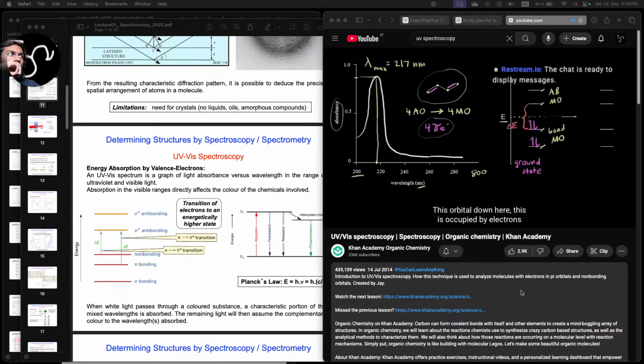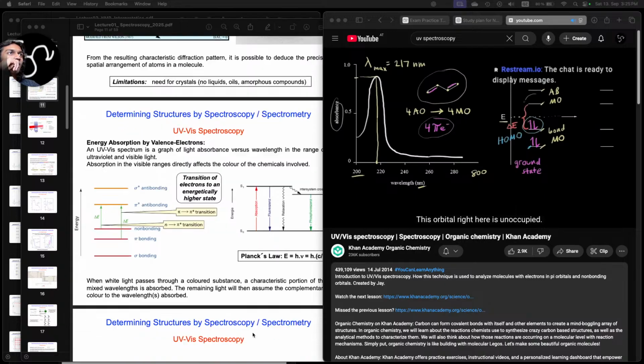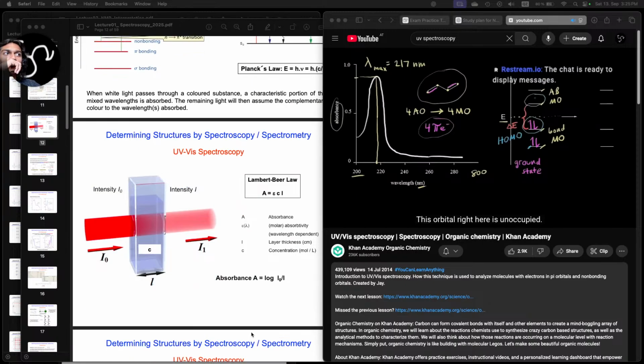This orbital down here is occupied by electrons, and it's higher in energy than this orbital. So this is the highest occupied molecular orbital, or HOMO. This orbital right here is unoccupied.